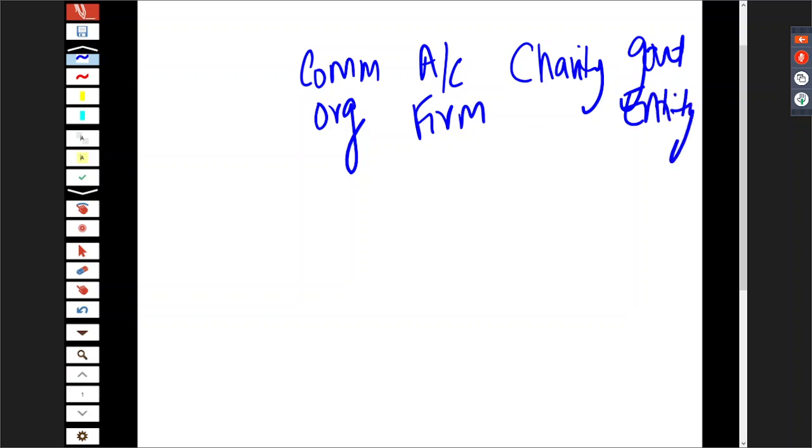These are basically the four types of things. Manufacturing concern, a service organization, a charity, and a public sector organization. A charity, I mean non-profit, not for profit, all those fancy words.